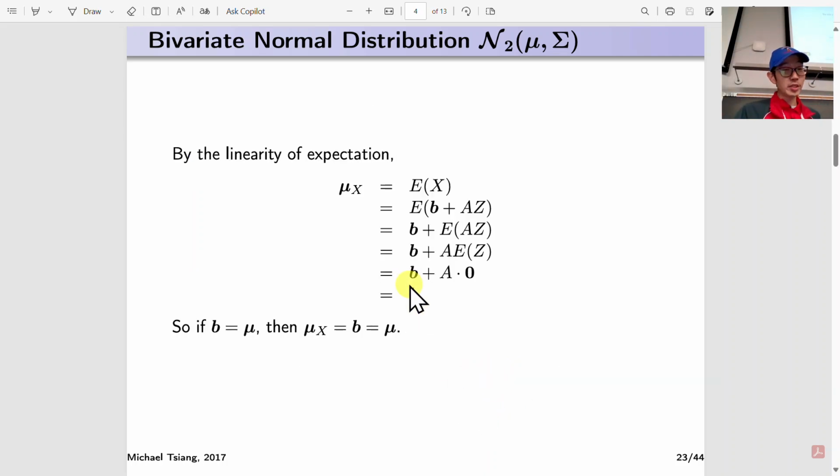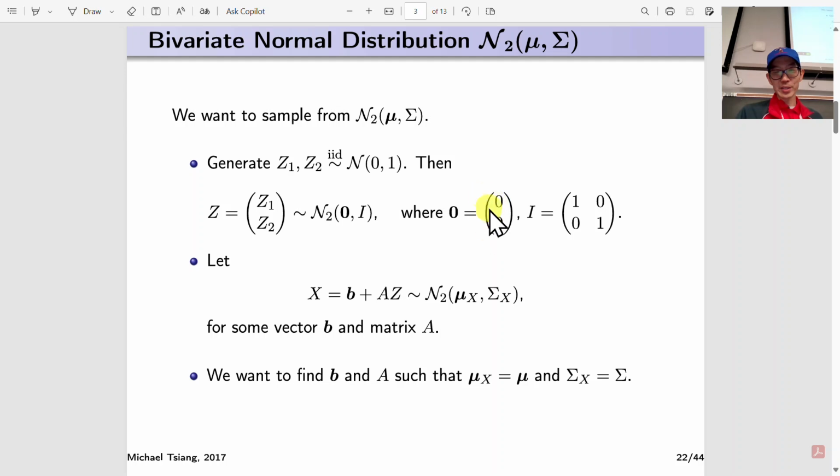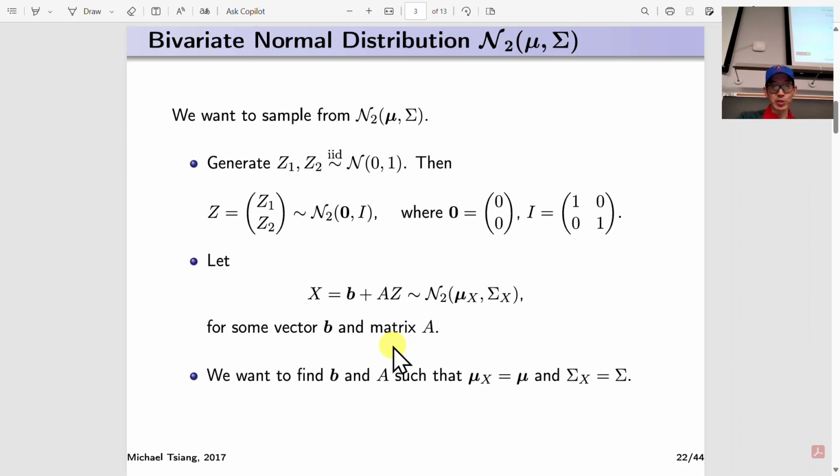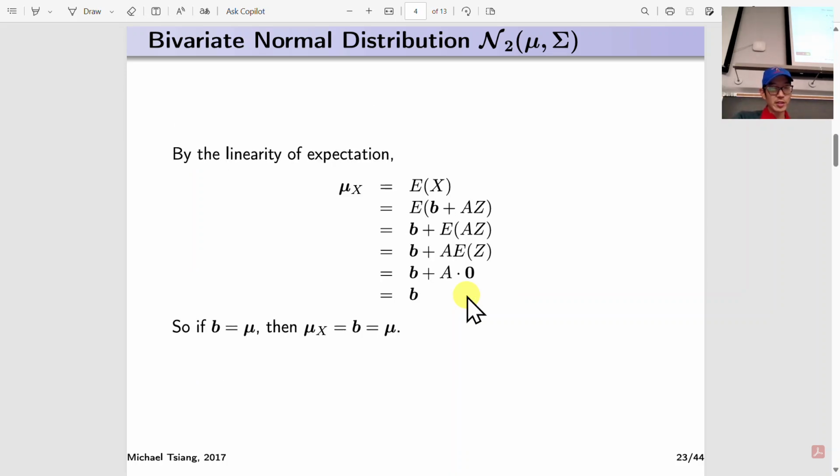So the mean is pretty simple, okay? Whatever the z's are, they're centered at 0, but we would just add our vector b. Our vector b is basically the mean of the desired distribution. So if you want a mean of 3 and 2, then you'll just add 3 and 2 to whatever your values are.